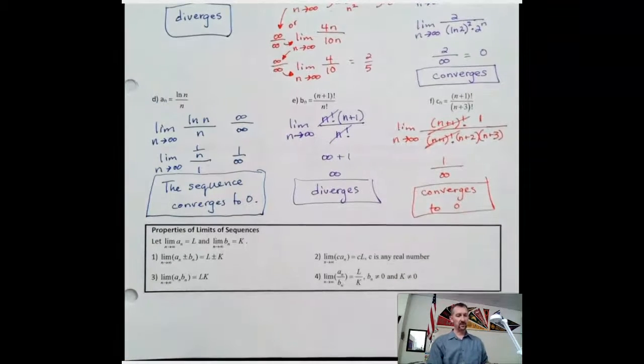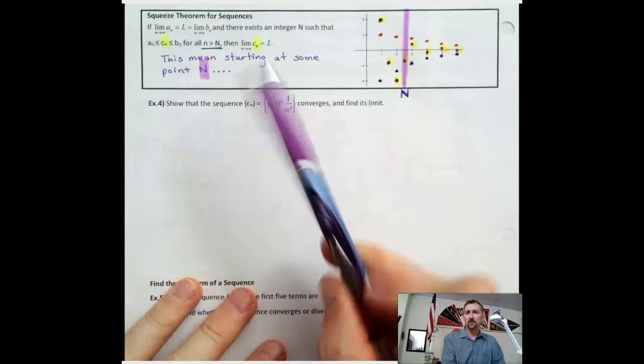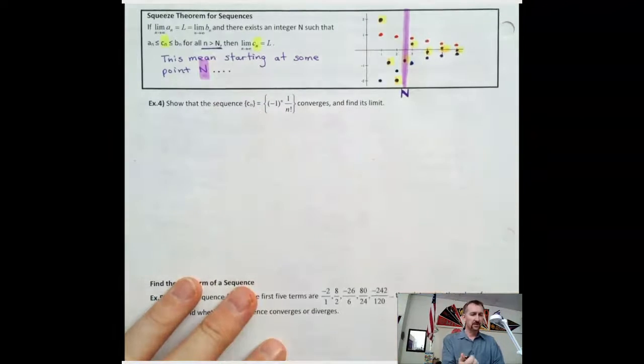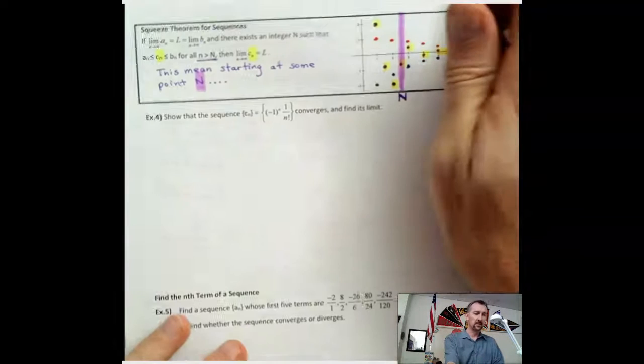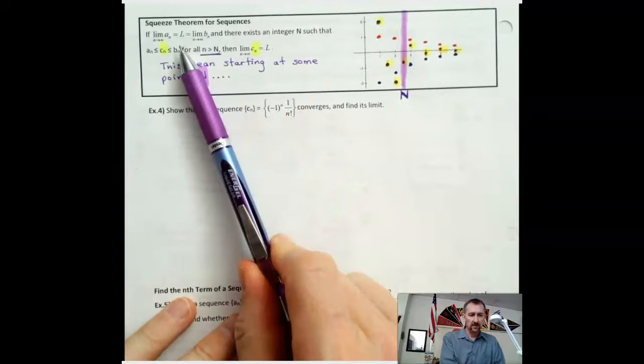And then we just have some properties of limits that are also true for sequences. All right, so the squeeze theorem for sequences. We had a squeeze theorem for limits before, a long time ago.